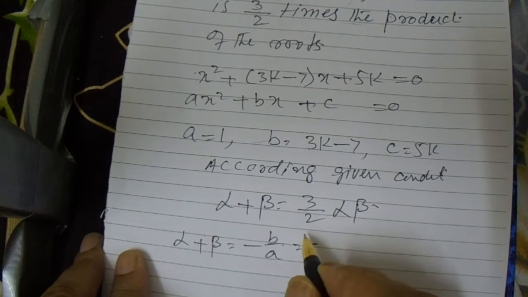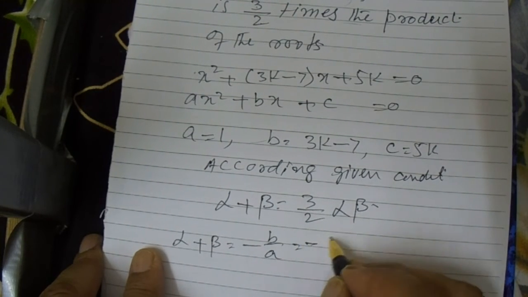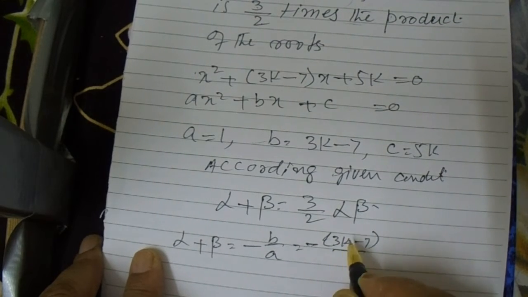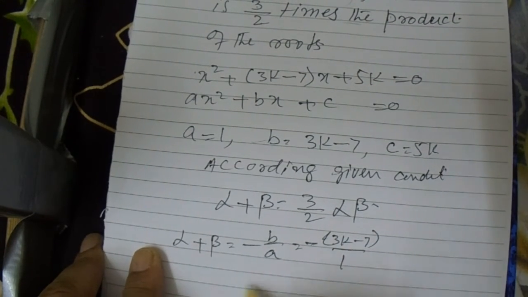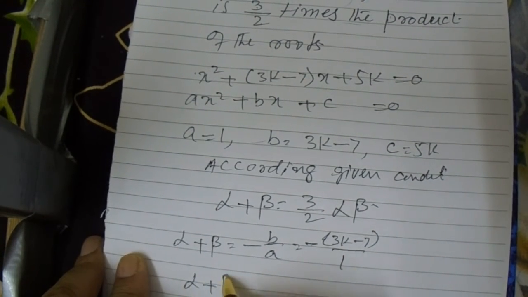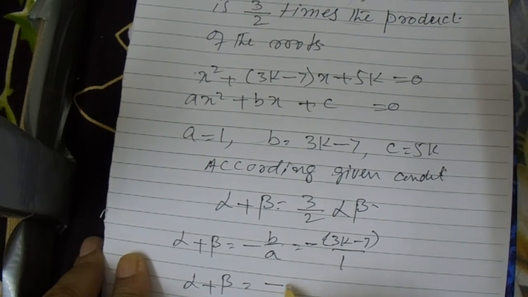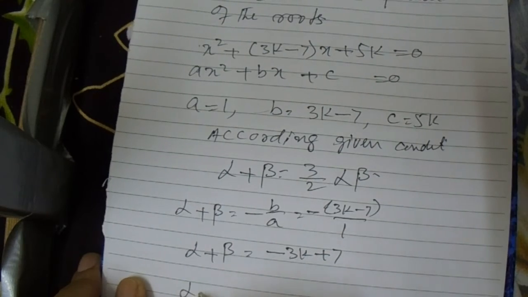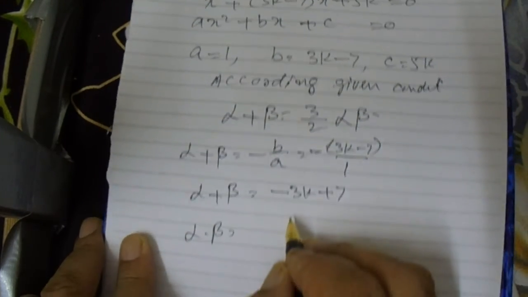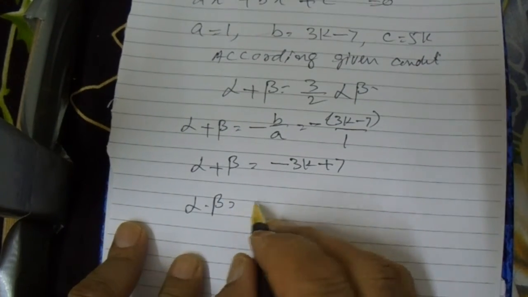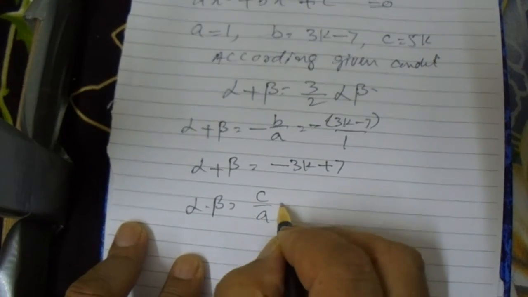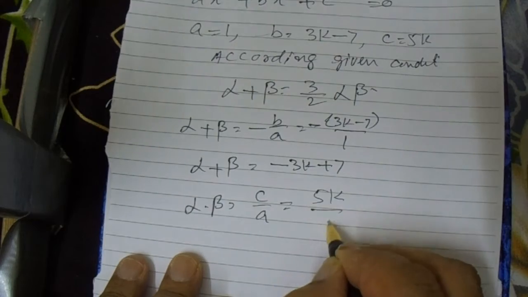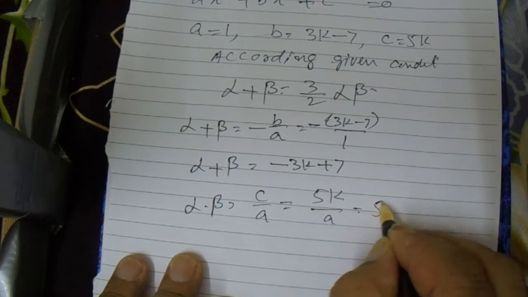Here −b is −(3k − 7), and a is 1. So alpha + beta is −3k + 7. And alpha × beta is c over a, where c is 5k and a is 1, so I write here 5k.